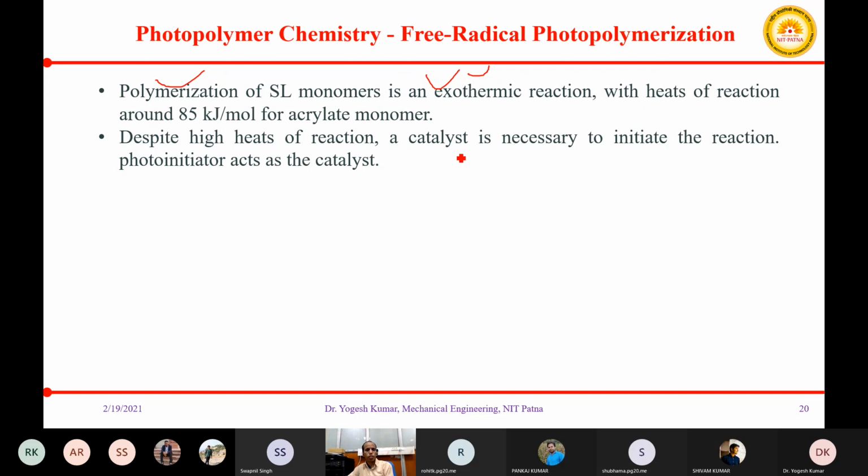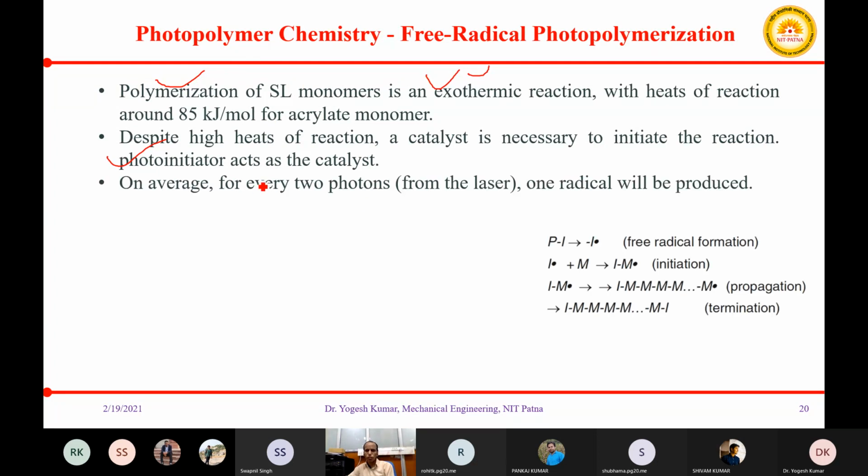Despite the high heat of reaction, a catalyst is also needed to initiate the reaction, and normally your photoinitiator acts as the catalyst in the polymerization process.